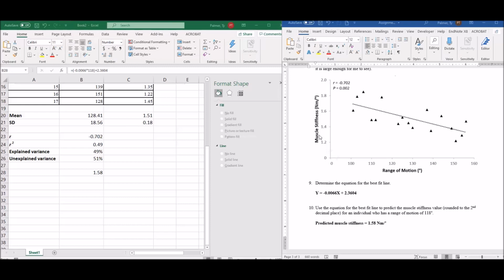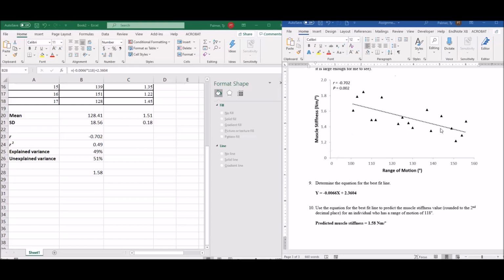What does that mean for our example here? Take a look. Subjects on this side of the graph to the right are the subjects that scored really high on range of motion. Look at the range of motion values. It looks like they're all over 150 degrees, really high range of motion. But what about stiffness?